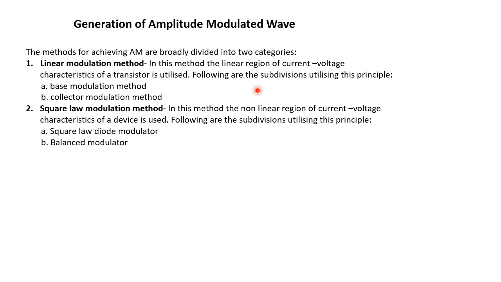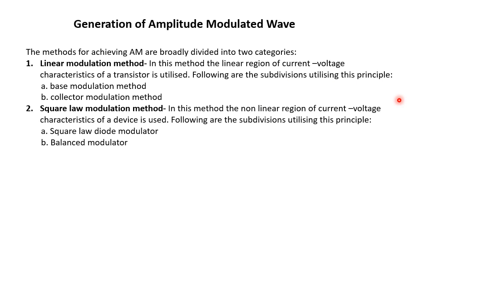So in linear modulation method, we utilize the linear portion of current voltage characteristics of a transistor. And making use of this principle, two methods are developed under this category. The first is base modulation method and the second is collector modulation method.